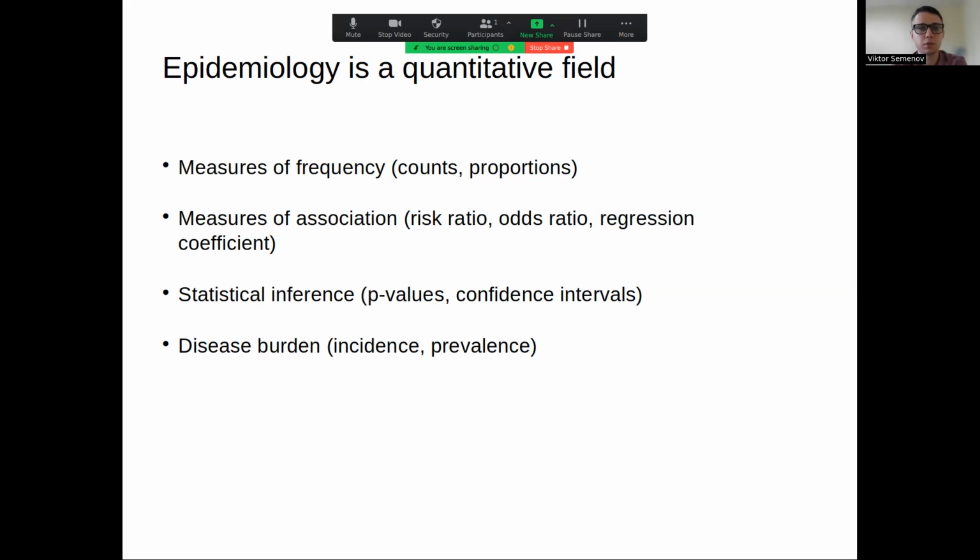Those are measures of association like risk ratio, odds ratio, regression coefficient, etc. Those are the values of statistical inference like p-values or confidence intervals. And for example, the parameters of disease burden like incidence or prevalence. We are going to cover some of these parameters in a bit more detail within the scope of the lecture.